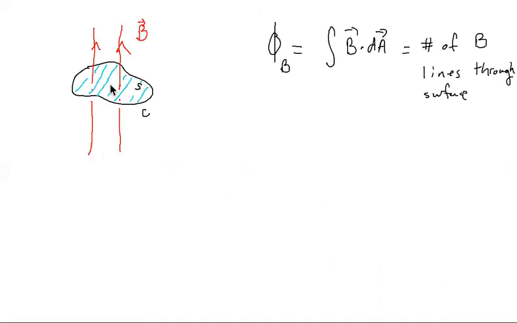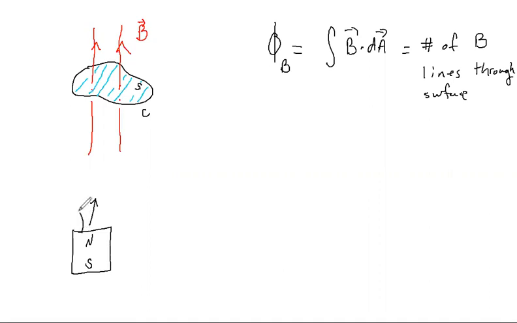So what we're talking about is if you were to add a magnetic field line. For example, you can imagine you brought a magnet nearby, and you were to bring it closer.